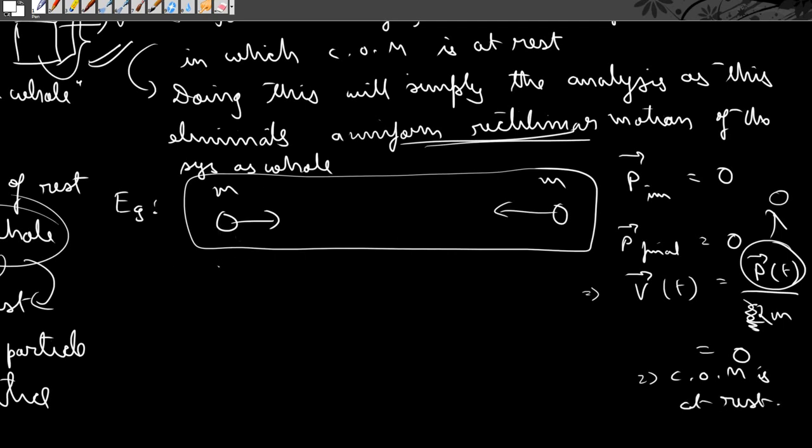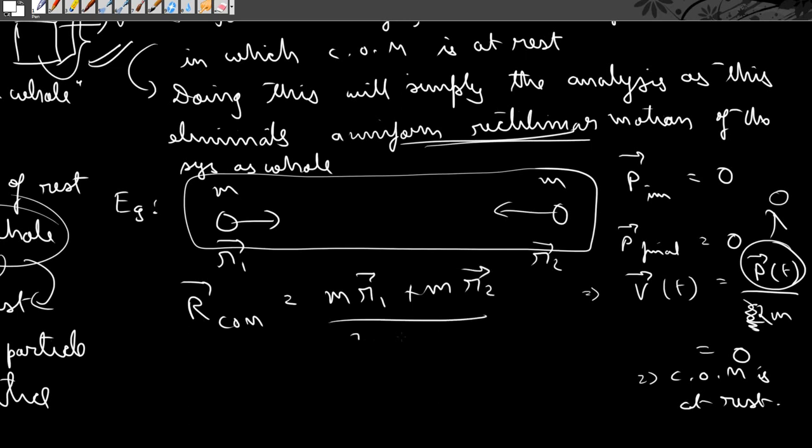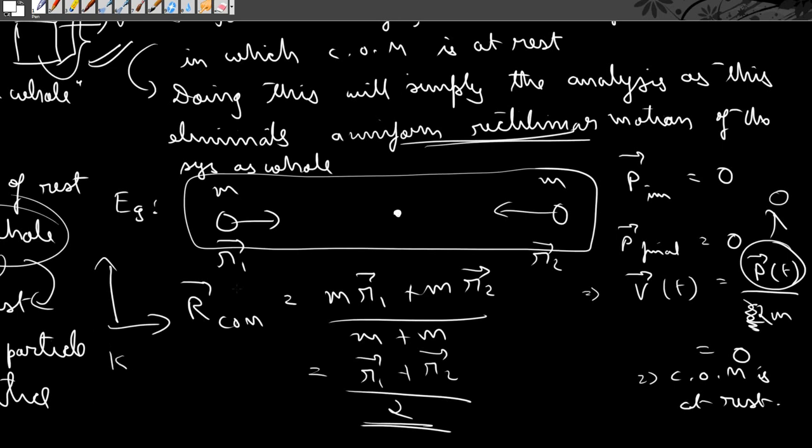If the position vector of this is r1, this is r2, then the center of mass position by definition is mr1 plus mr2 divided by m plus m, which is r1 plus r2 by 2, which is the geometric center of the two particles, and this point is going to be always at rest with respect to a frame of reference K wherein initial momentum was 0.